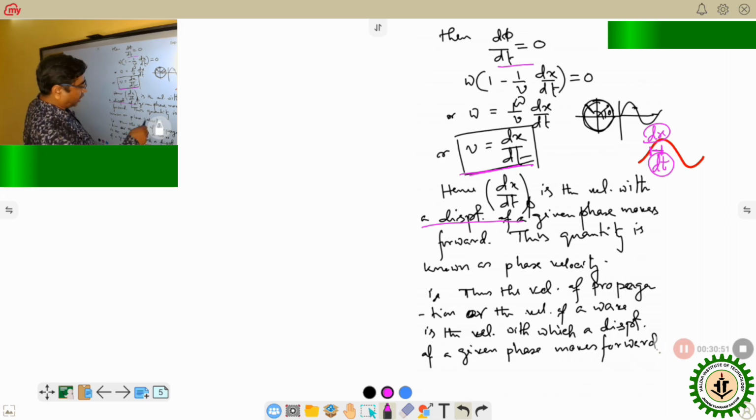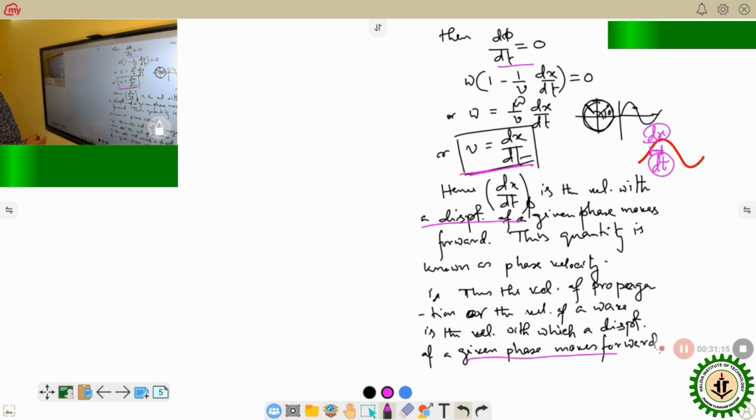This quantity is known as phase velocity. I have written down the definition of phase velocity: the velocity of propagation of a wave is the velocity with which the displacement of a given phase moves forward. So this is overall about phase velocity.